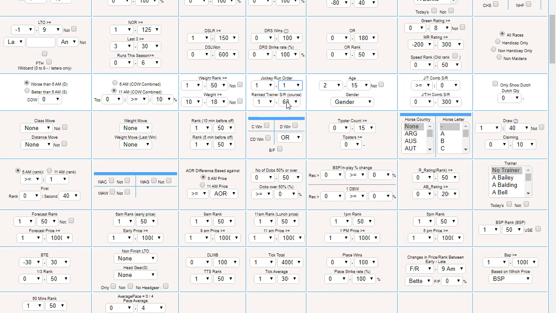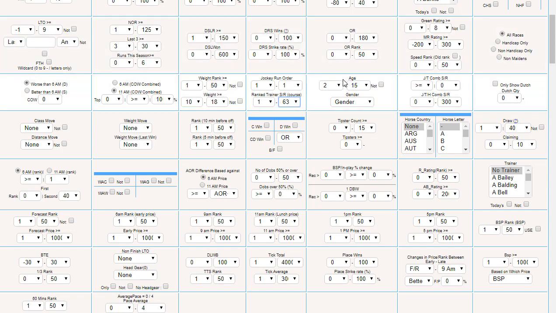So if you pick one, it should be the top ranked trainer at the course, or the second one, or whatever. If you're backing, you probably want the first or second. If you're laying, you might want the 5th or worse, whatever. Again, it's just a matter of playing around with the ideas and seeing what you come up with.